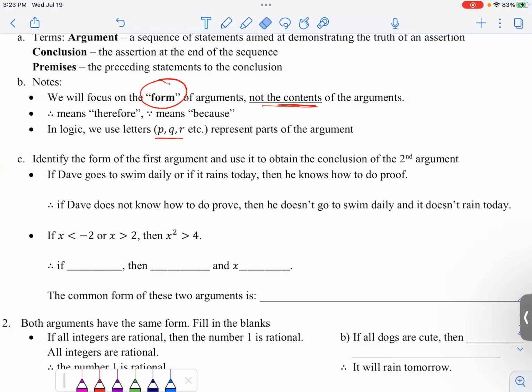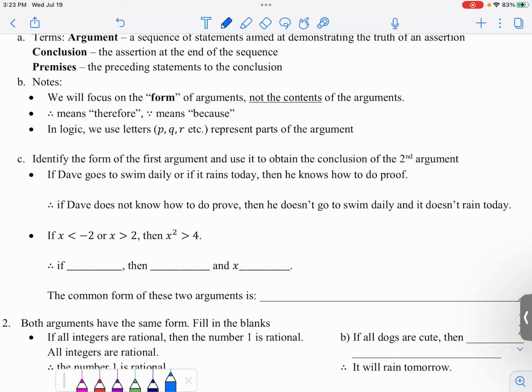So let's take a look at the first statement, okay? Here, identify the form of the first argument and use it to obtain the conclusion of the second argument when they have the same argument form. So now take a look at the first statement. If Dave goes to swim daily, or if it rains today, then Dave knows how to do proof.